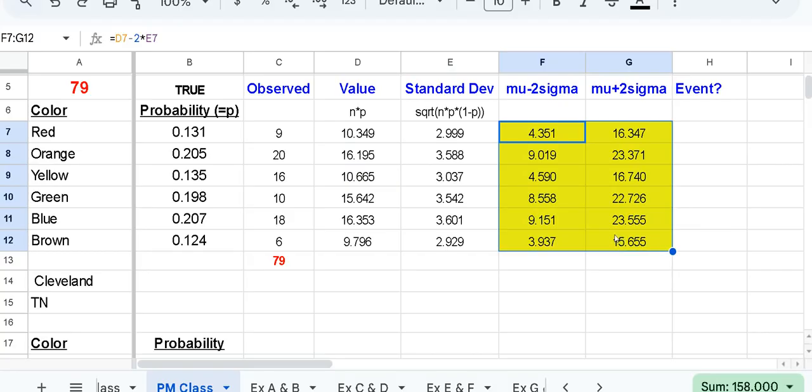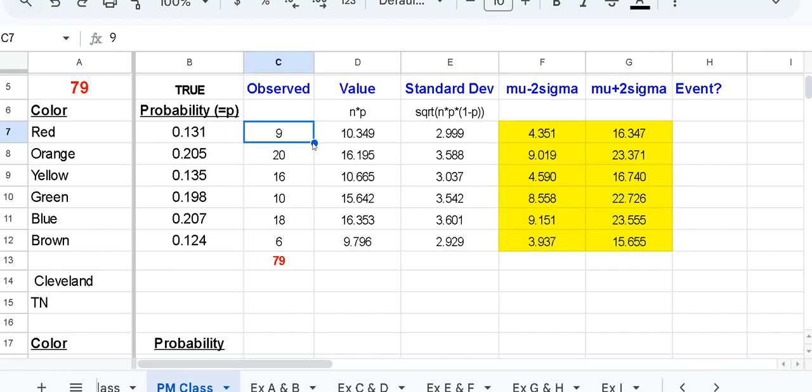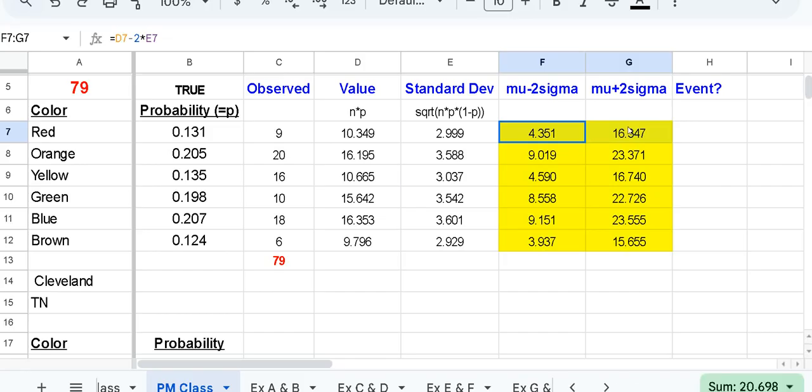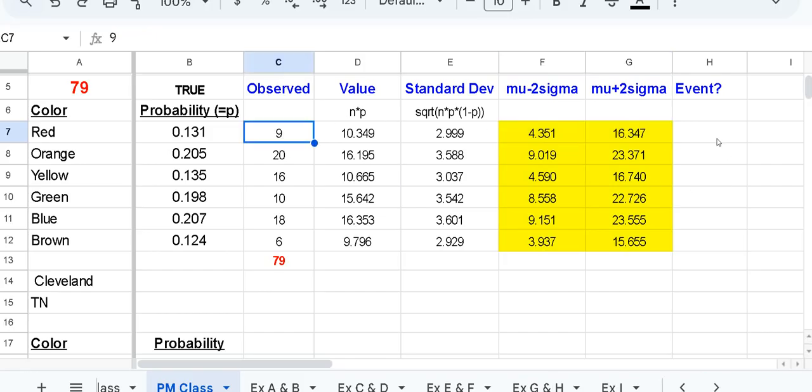Did we observe any unusual or statistically significant events? That would happen if the observed number lies outside of this range. Was the number of reds we observed outside the typical range? No. Why don't you take a moment and look down the rest of them, to see if we observed any statistically unusual events.